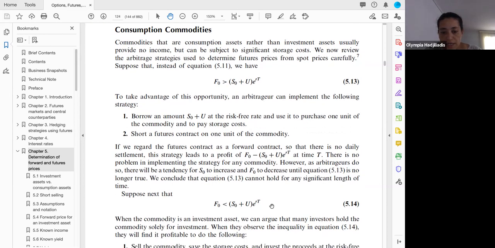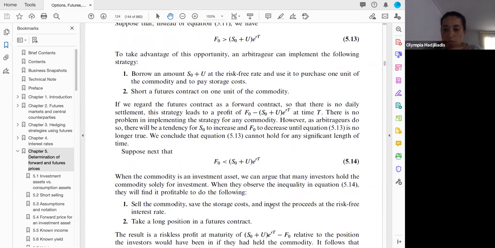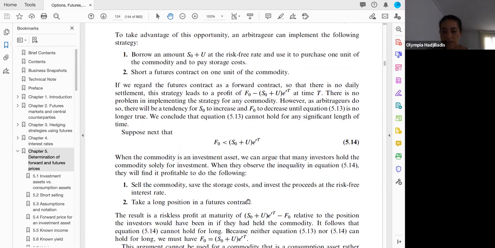If we suppose next that F0 is less than (S0 plus U) e to the RT, when the commodity is an investment asset, we can argue that many investors hold the commodity solely for investment. When they observe the inequality in equation 5.14, they will find it profitable to sell the commodity, save the storage costs, invest the proceeds at the risk-free interest rate, and take a long position in a futures contract.